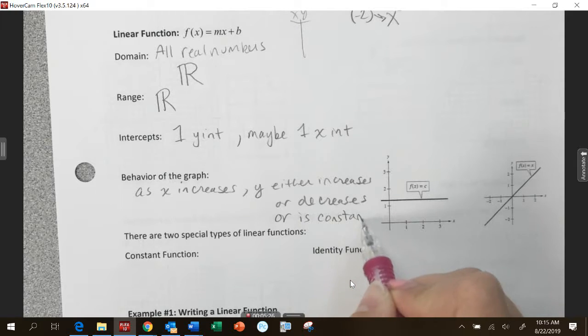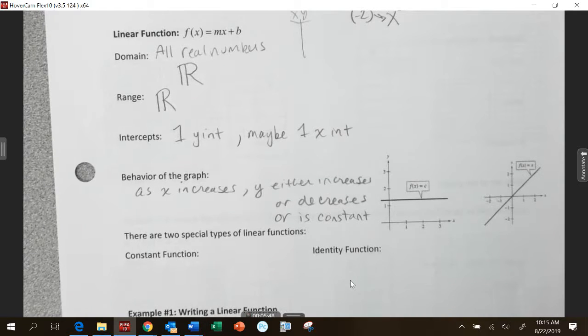They don't really call that linear. They call it constant because the x is gone at that point. Some books will put that with linear as well. There is one line that is not a linear function. Does anybody know what line is not a linear function?